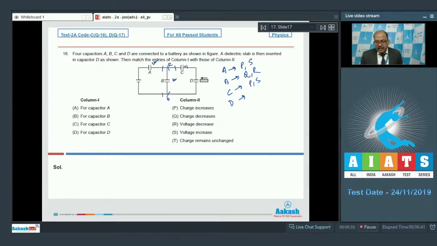So it definitely means that voltage across D has decreased. So that means for D we have charge increases and voltage decreases. So P and R are the correct match for D. So this is our answer to question 16. Let's go to the next question now.